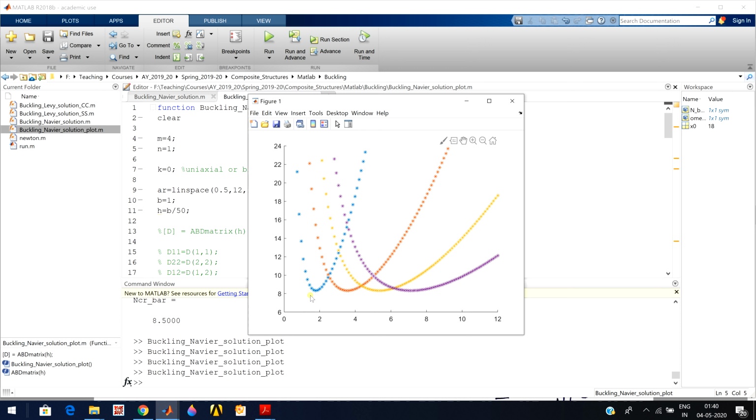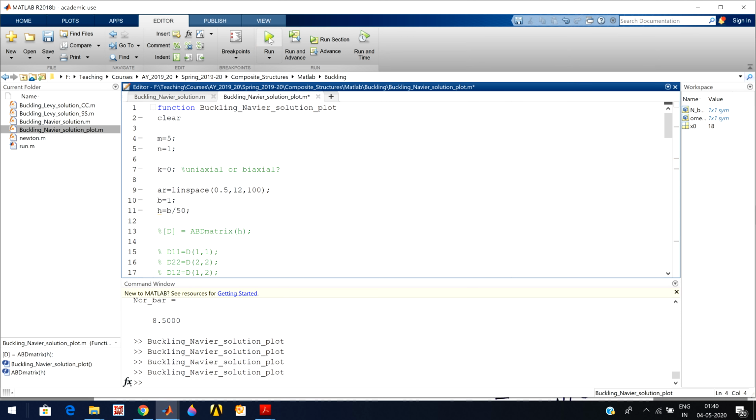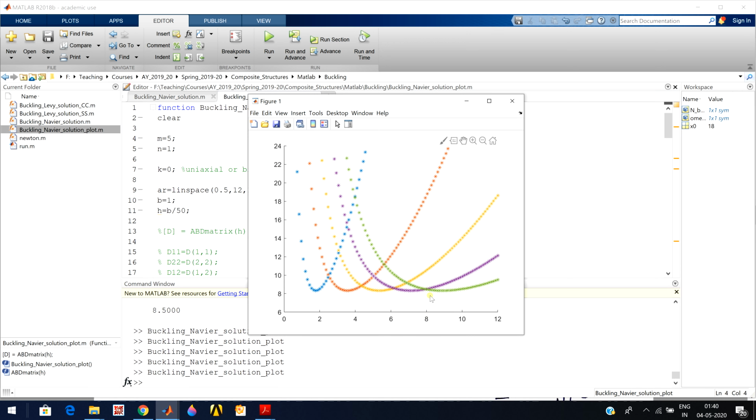So here, for aspect ratio around 2 we get m is equal to 1, for aspect ratio around 3 and 4 we get 2, then between 5 and 6 we get 3, and after 6 we get 4. Then we have to see how long we can get 4. If I just put 5 here, you can see the 4 is up to maybe 8. After that we'll have 5.